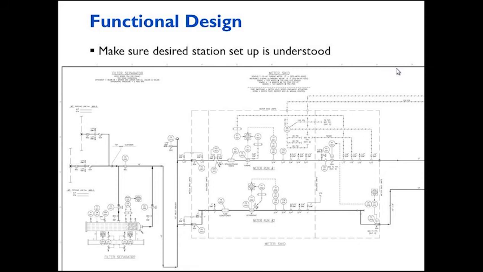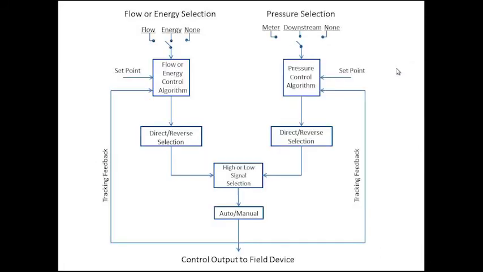For the design engineer, it's very important to produce a piping and instrument diagram. And with that, put as much detail as you can into that drawing, because it's a tool that's used to communicate how this facility is going to be operated.